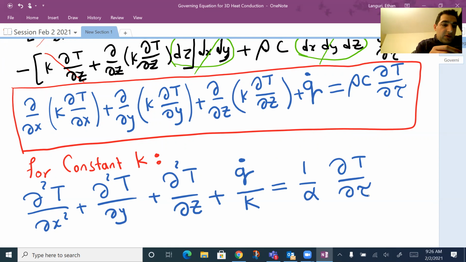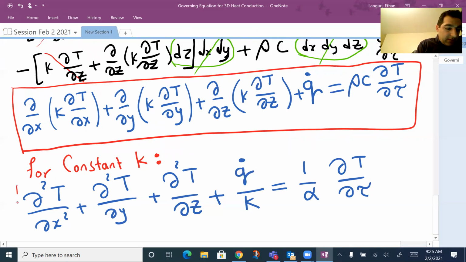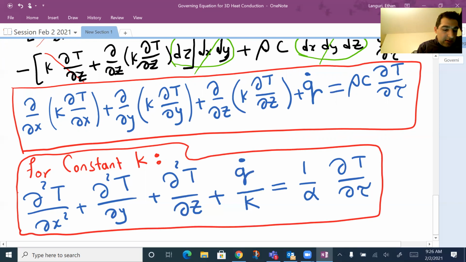So this is going to be my new final form if k can be assumed constant, and you will see that I have rho times c, and I need to divide it by k, but I showed it as 1 over alpha.